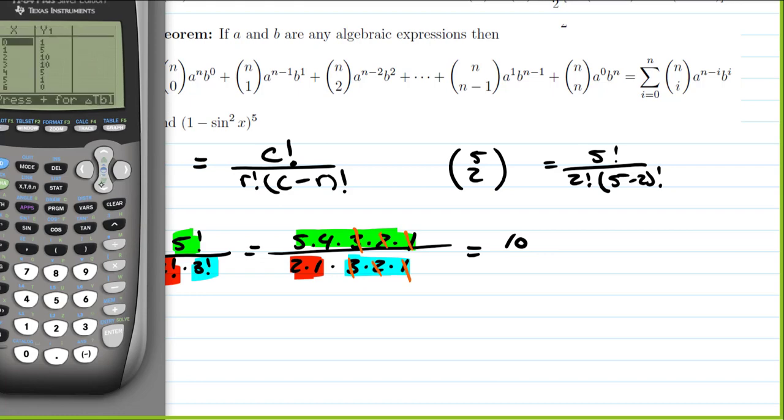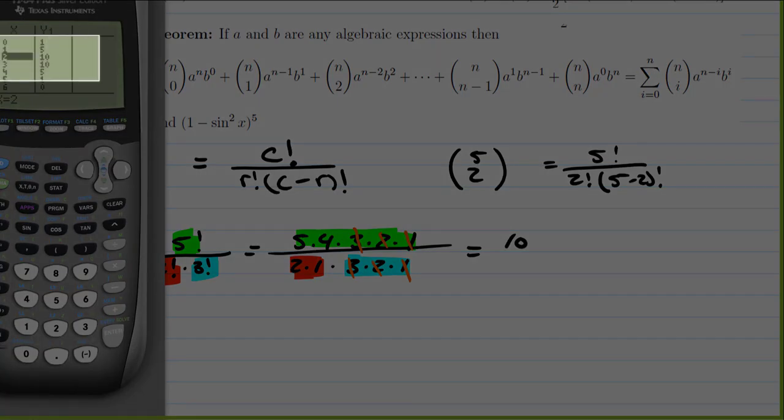And if we go to 5 choose 0, it's going to be equal to 1. 5 choose 1 is 5. 5 choose 2, the one we just found out, is 10. 5 choose 3. That way you don't have to type them all in manually. You can just put it in with the appropriate top number in your calculator and then generate all of the coefficients that we're going to need. We're actually going to use this table in this problem. It will be helpful in what we're trying to do.